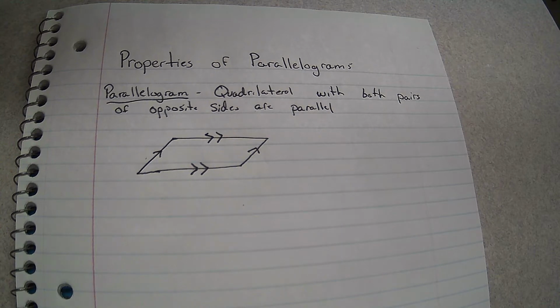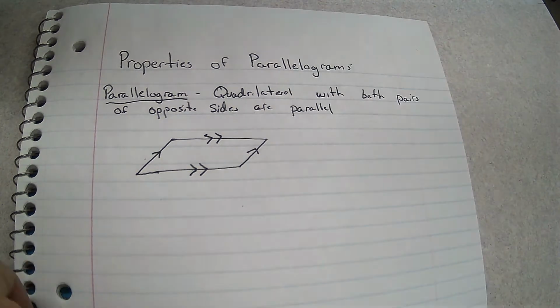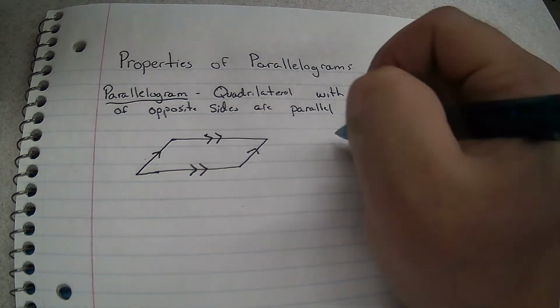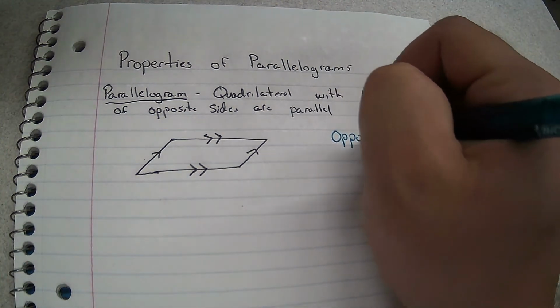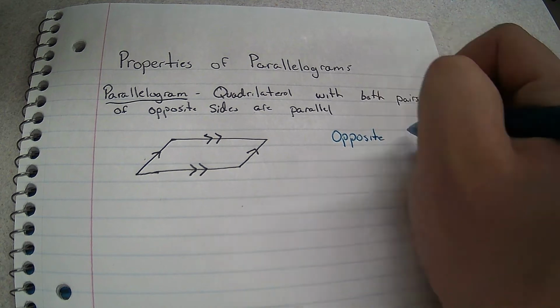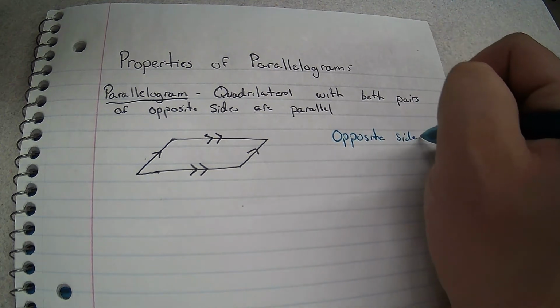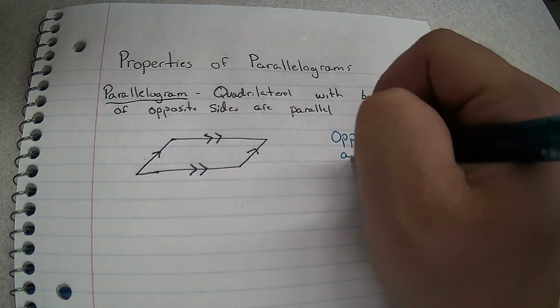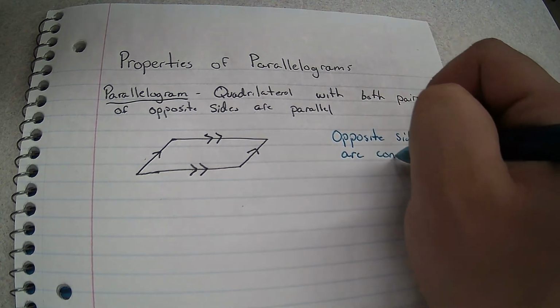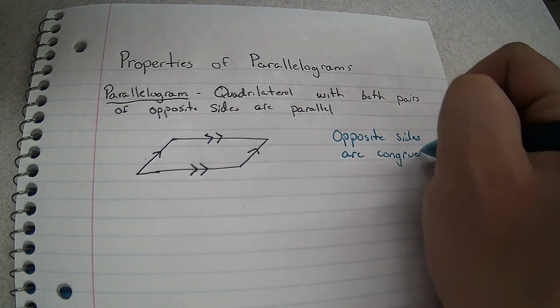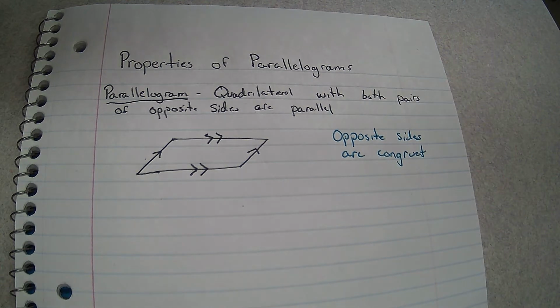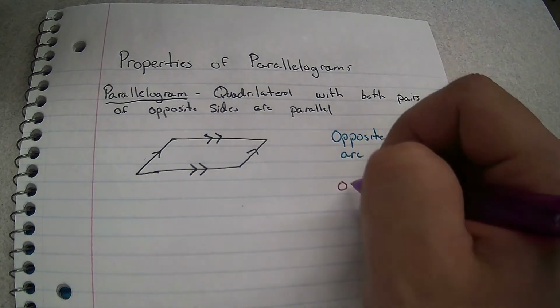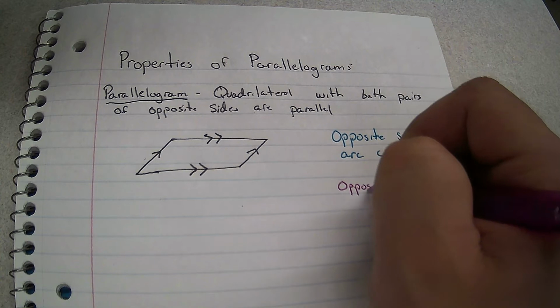Now, there are two other things that parallelograms have: their opposite sides are congruent, and the opposite angles are congruent.